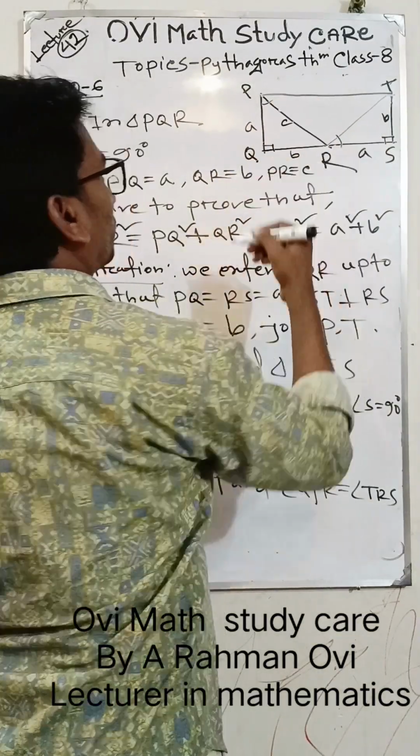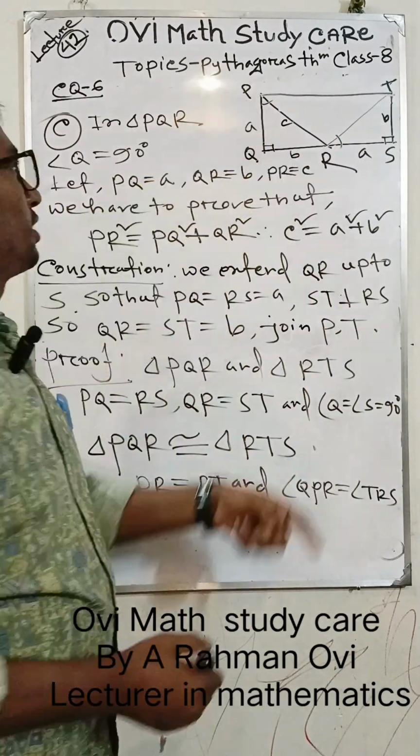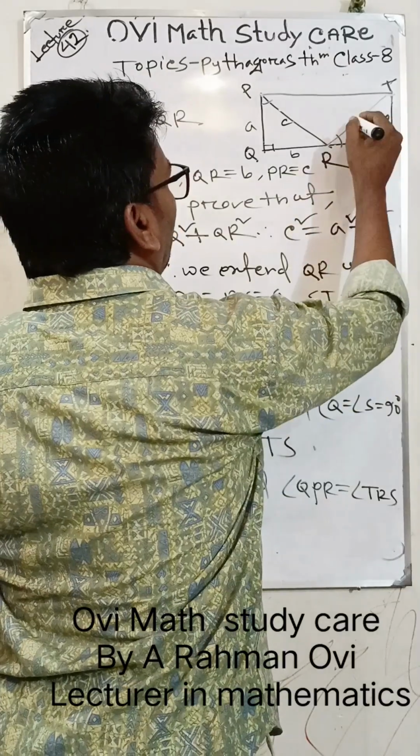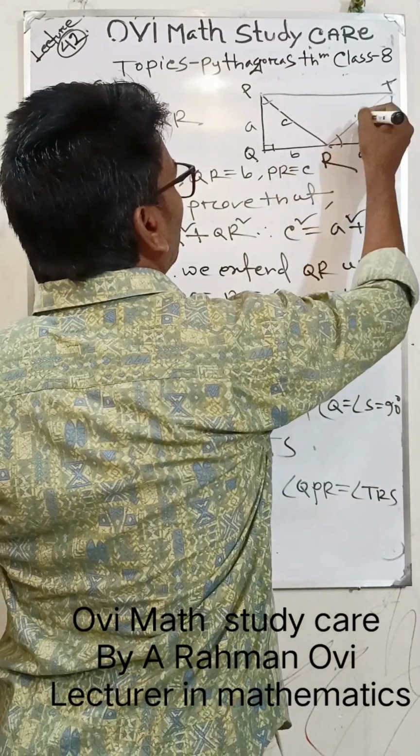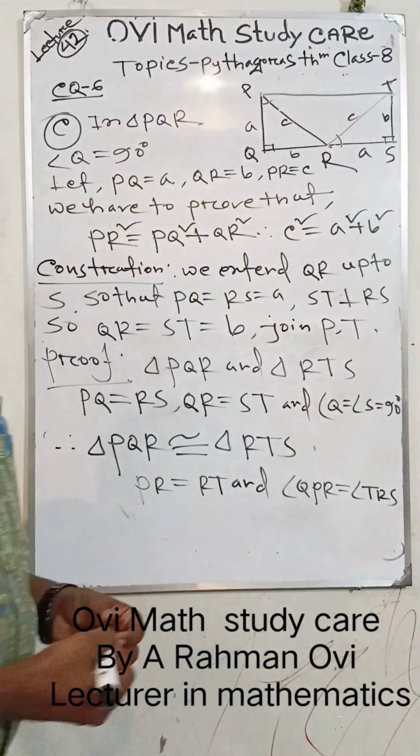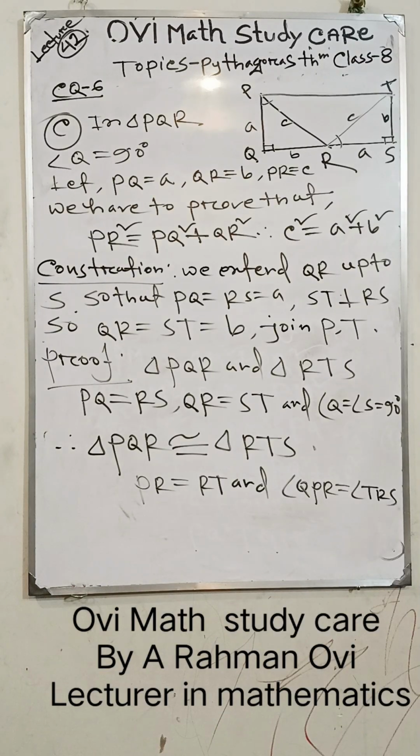This angle or this angle equal. Since PR equal to RT, that means it will also be C.